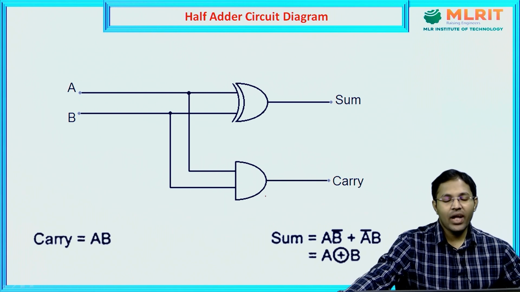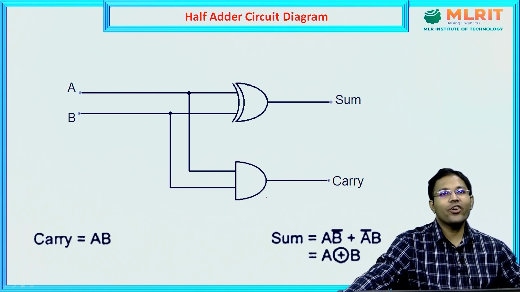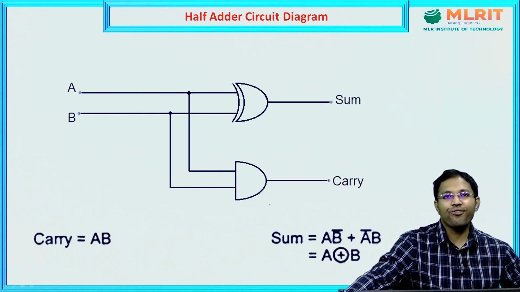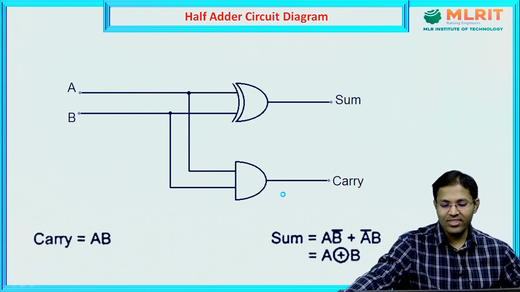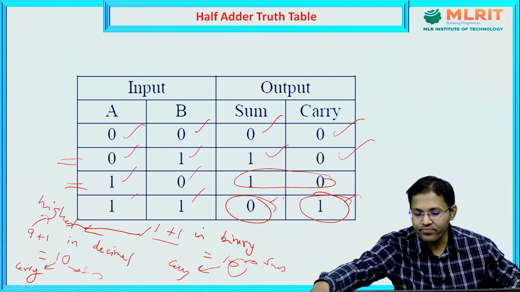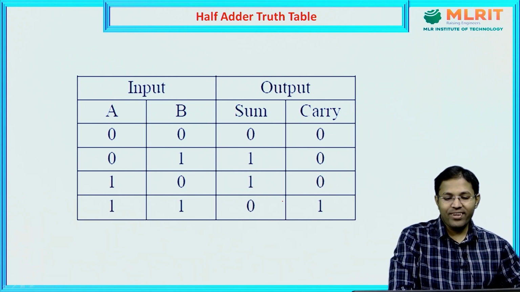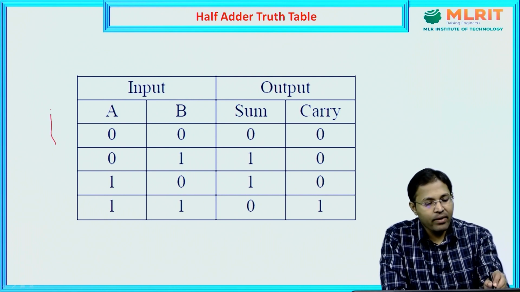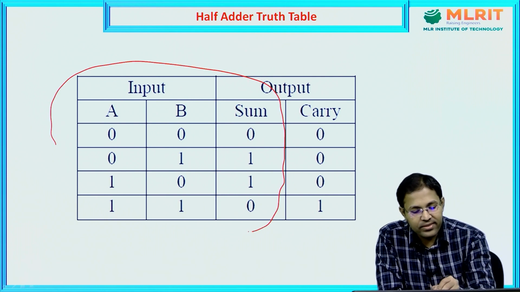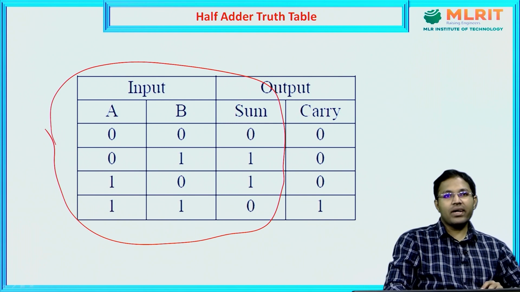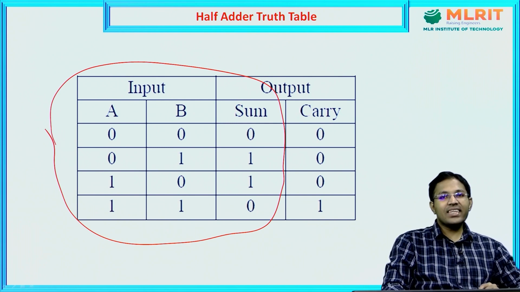Right? So now next what we are going to do is we are going to identify the circuit for half adder. For that we have to go back to the table which we have just seen. Now here let us observe this table very carefully. This part of the table, if you see, this is nothing but the truth table of XOR gate.